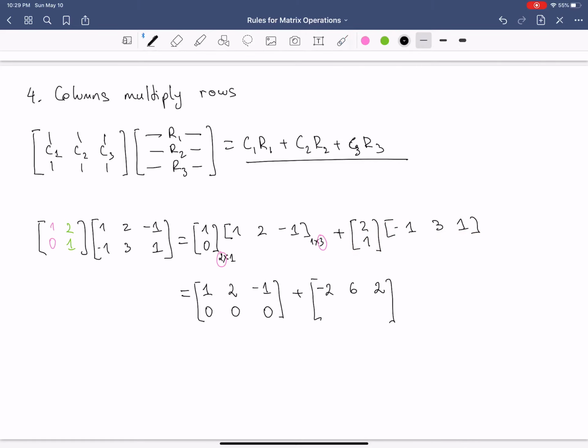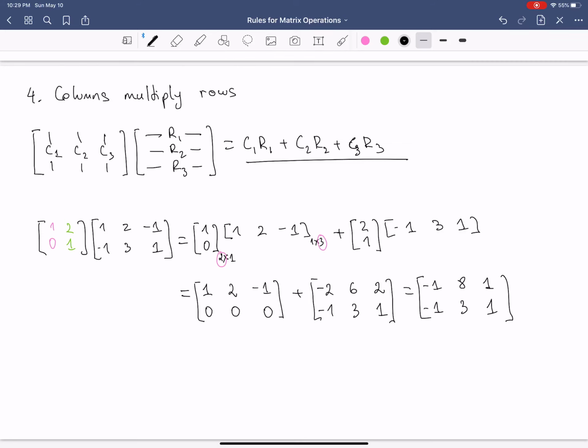So I will just write -1, 3, 1. These two matrices are of the same size, so I can add them up, and I add them up term by term. 1 plus -2 is -1, 2 plus 6 is 8, -1 plus 2 is 1, 0 plus -1 is -1, 0 plus 3 is 3, 0 plus 1 is 1.